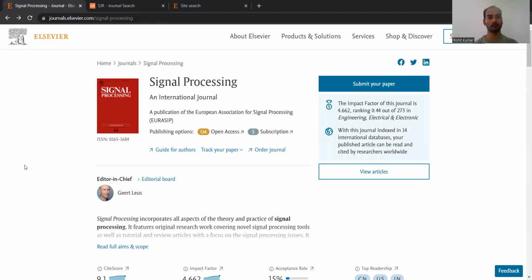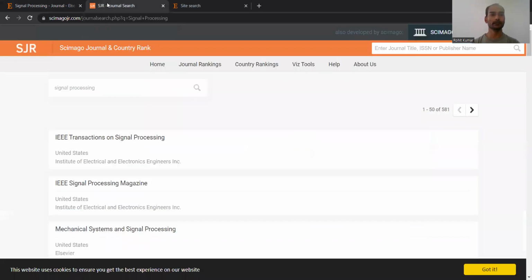Impact factor you should always keep last, because it always gets influenced by so many things, like how many survey papers a particular journal is accepting, how many self citations there are, etc. So don't go into the game of impact factor, which most people focus on, and even researchers get into this trap. So don't look into that much. Firstly, go for SCI, then for Q ranking, and then for your impact factor.